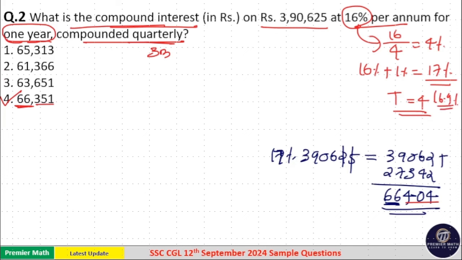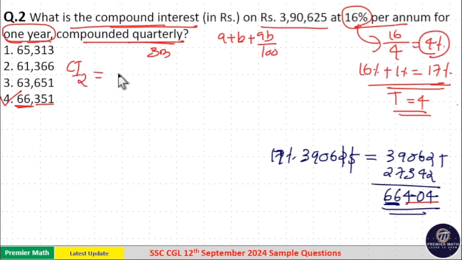Now if you are not satisfied with this technique, I will tell you another. That is, use the A plus B plus AB by 100 formula. Here, compound interest for 2 quarters: for 1 quarter it is 4%. For 2 quarters it is 4 plus 4, 8%, plus 4 into 4, 16 by 100.